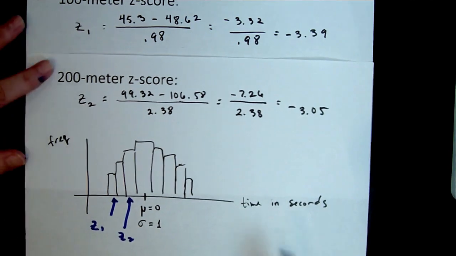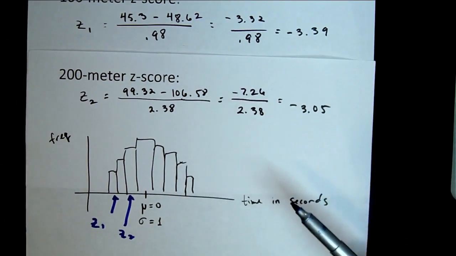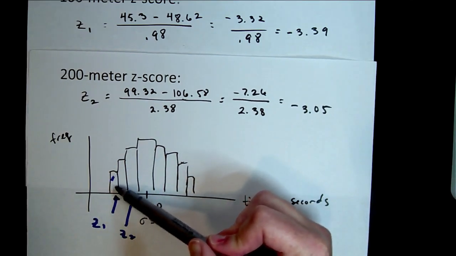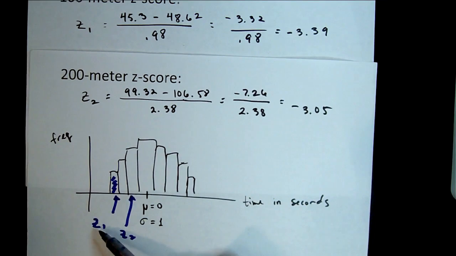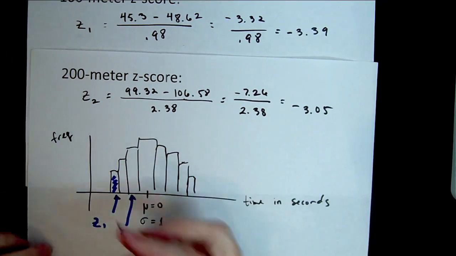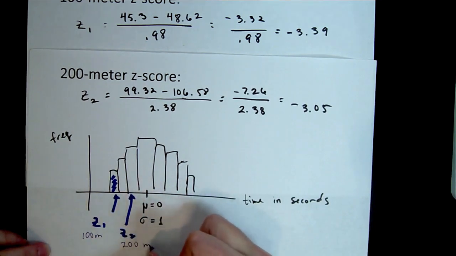Now, what that means is, if you look at how many swimmers are faster than him, there aren't as many swimmers faster than him if you look at his z1 score than if you look at his z2 score. And again, the z1 score was for the 100-meter race, the z2 score was for the 200-meter race.